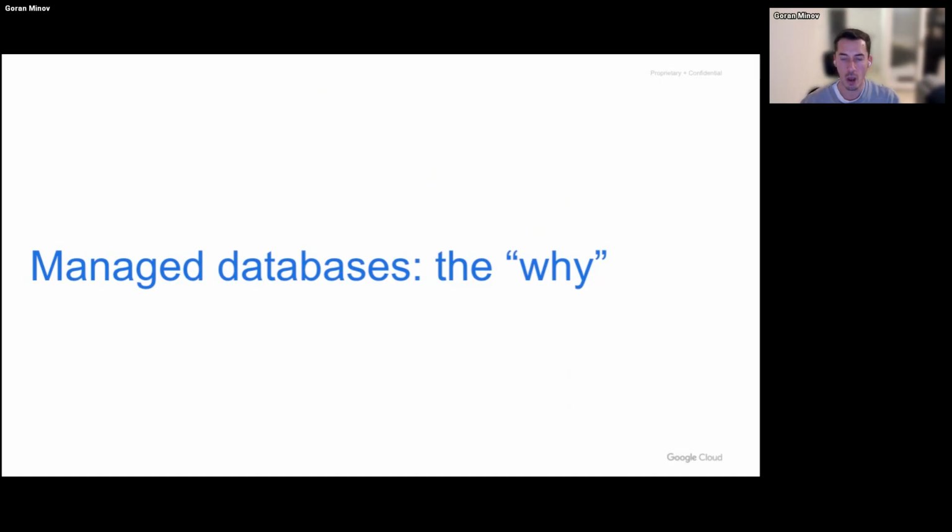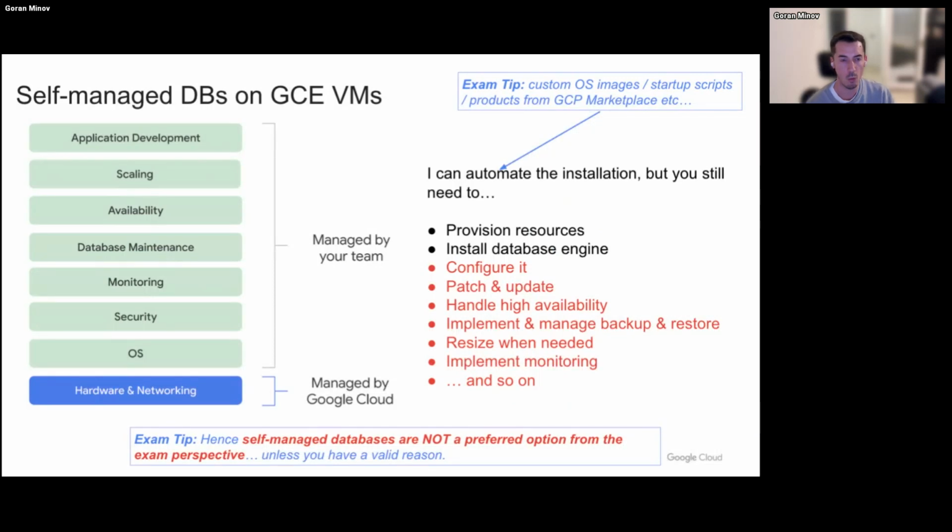So why would I want to go with any of the managed database options in GCP? Well, we can probably deploy almost anything on a VM, but then we are responsible for most of the technical tasks that are needed to configure and maintain it.